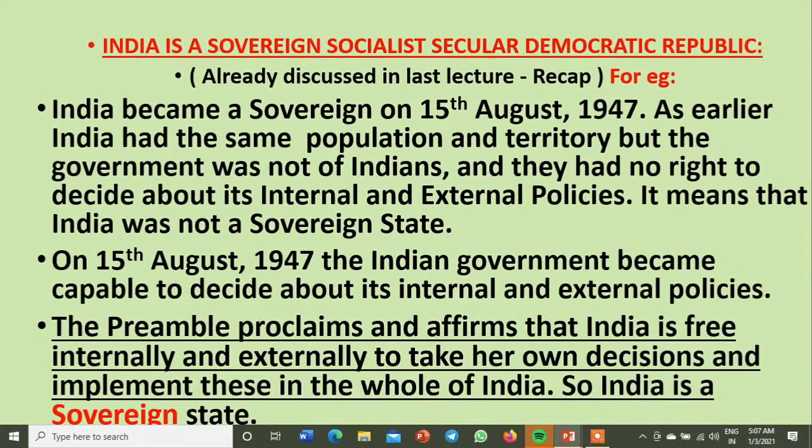Earlier, India had the same population and the territory, but the government was not of Indians and they had no right to decide about its internal and external policies. It means that India was not a sovereign state. You know, a sovereign state has its features like it has population, territory, government, and freedom to decide about internal and external policies.